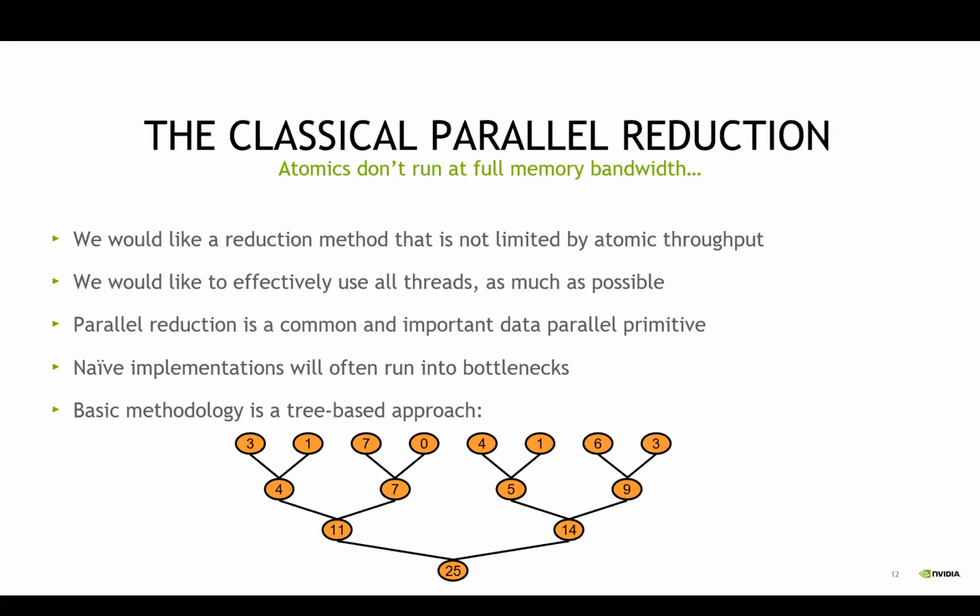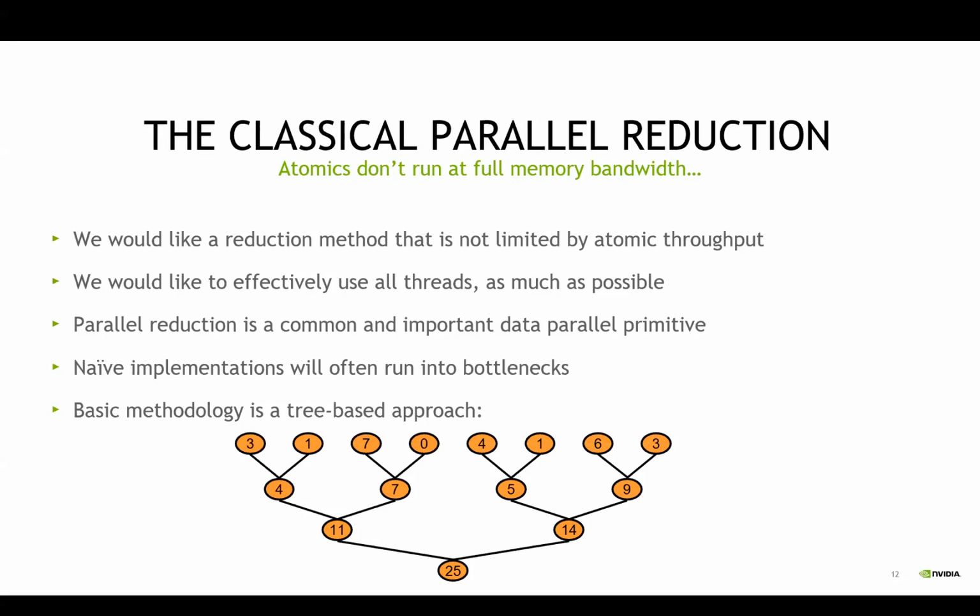So initially we have 8 items. In our first step, we're going to do a pairwise addition, 2 items at a time, and we're going to produce 4 intermediate results, 4, 7, 5, and 9. Those are sums, pairwise sums of the previous input data set. This now takes our data set from 8 elements and reduces it to a set of intermediate results of size 4.